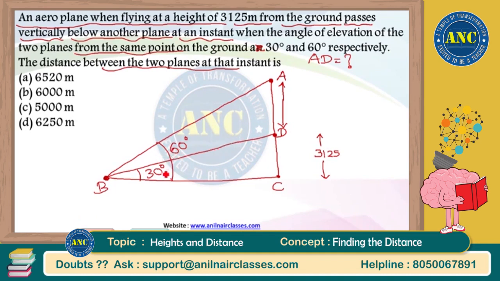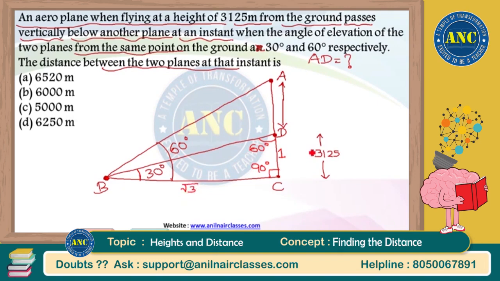Now, the smaller triangle is BDC. This is 90 degrees. If B is 30 degrees, angle D should be 60 degrees, right? That means opposite to 30, if I assume it as 1 unit, opposite to 60 will become root 3 units.